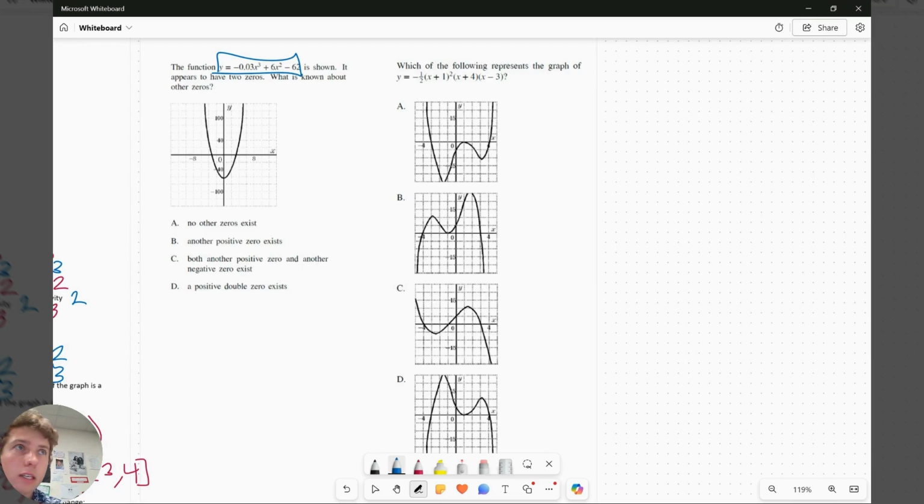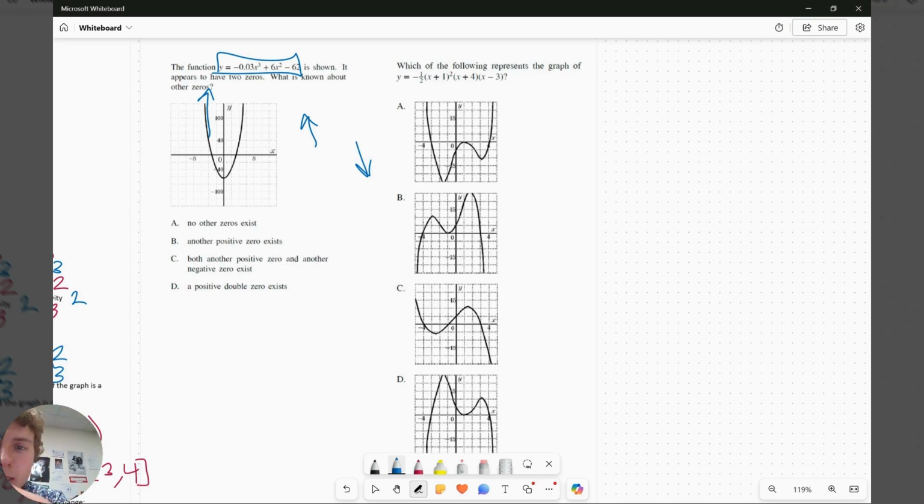Well, I know that this function is negative and it's x cubed. A negative and an odd degree would have ends that look like this. Notice both ends right now. The left end is going up like it's supposed to, but the right end is also going up right now. And that doesn't make much sense for this odd degree.